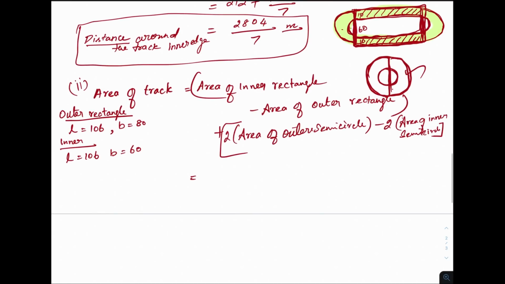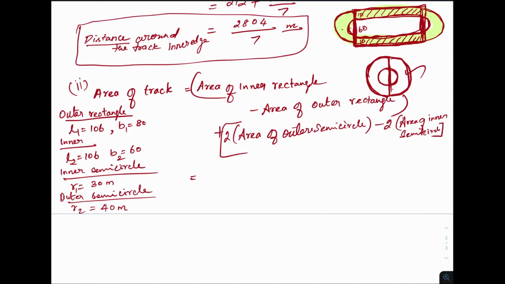Likewise, for the inner semicircle, radius will be 30 meter. This R1 we can take. And for the outer semicircle, we take L2 and B2. Here R2 is equal to 40 meter.